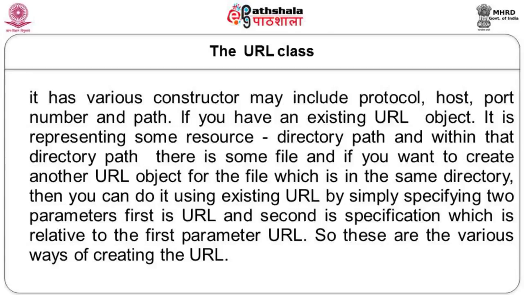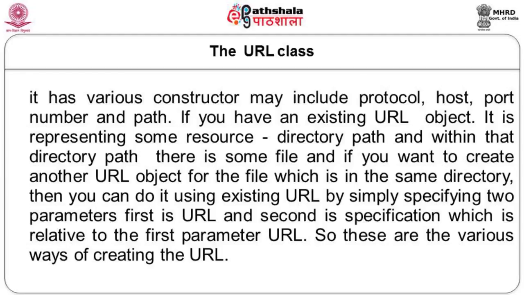You could create a new URL relative to an existing URL by just specifying two parameters. The first parameter would be a URL, and the second parameter is a specification which is relative to the given first parameter URL. So a URL can be created by using another URL and creating a relative URL from there. Fine. So those are various ways of creating a URL.